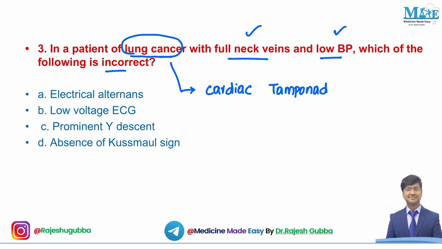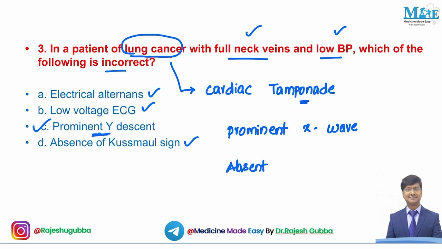In cardiac tamponade you will have the electrical alternans, you will also have low voltage ECG, and the Kussmaul sign is absent. And in case of cardiac tamponade, you don't have the prominent Y wave. What will be there is a prominent X wave and an absent Y wave, right?